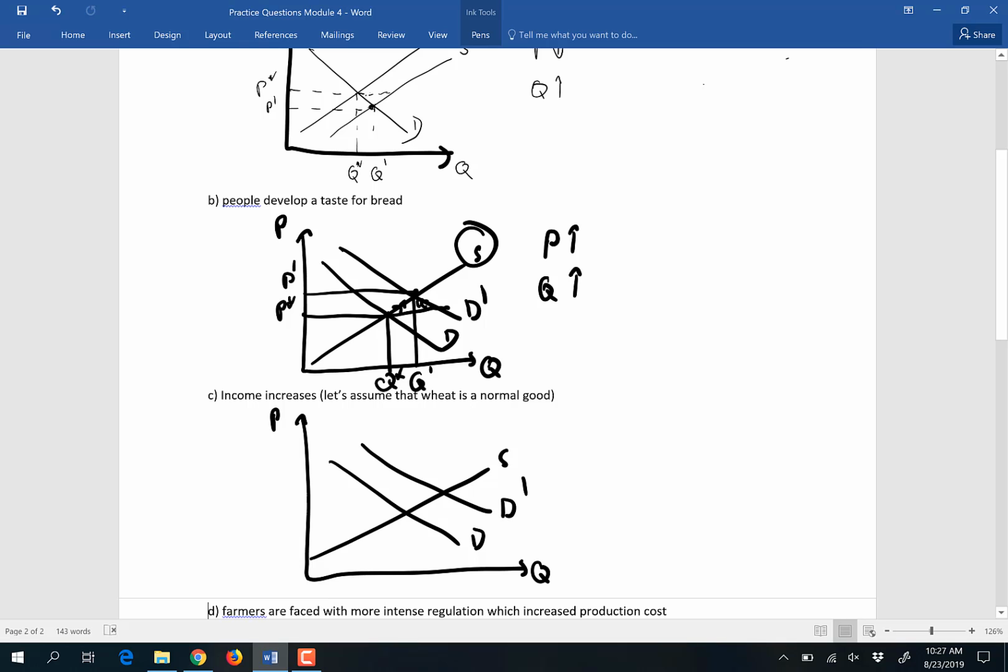So it's a right shift of the demand function, and we would expect that the quantity goes up as well as the price. So same situation as under C.